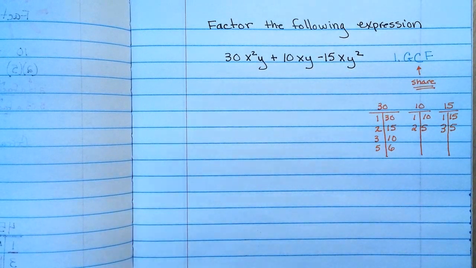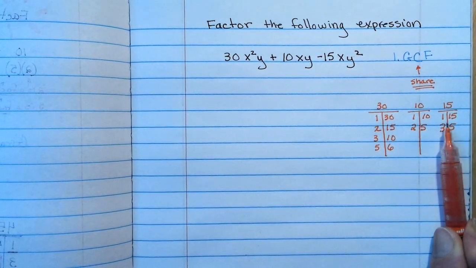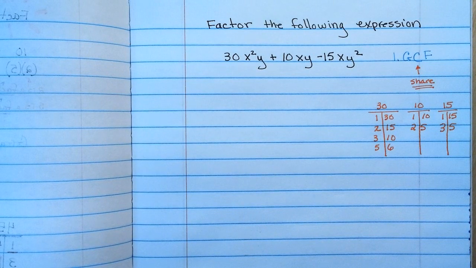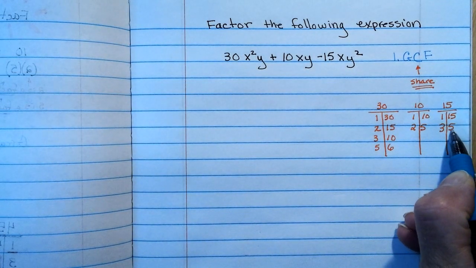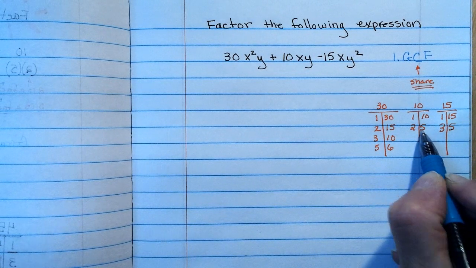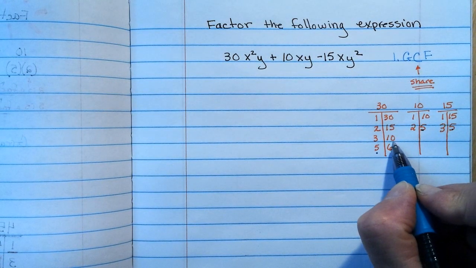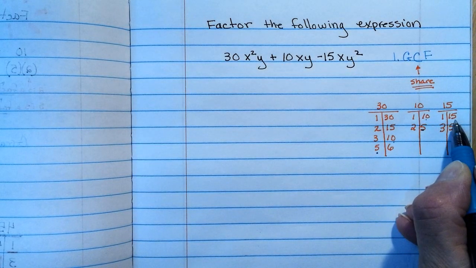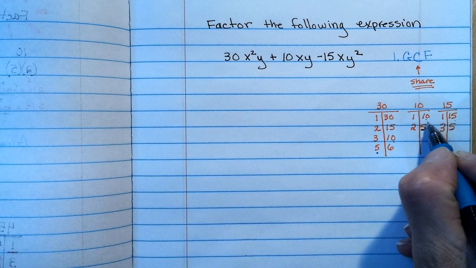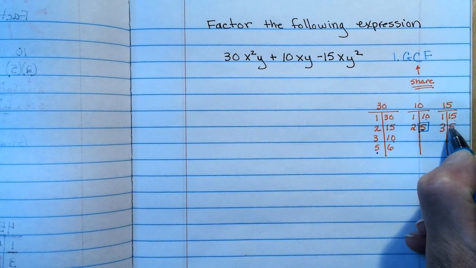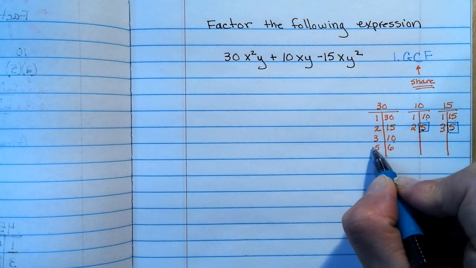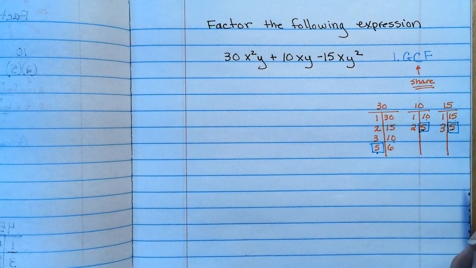I'm looking for the largest number that all three share, that all three have in common. I see a 5, and a 5. That's pretty big. Here I see a 10, but there's no 10, so I can't choose that. Here I see a 15, but there's no 15 here.